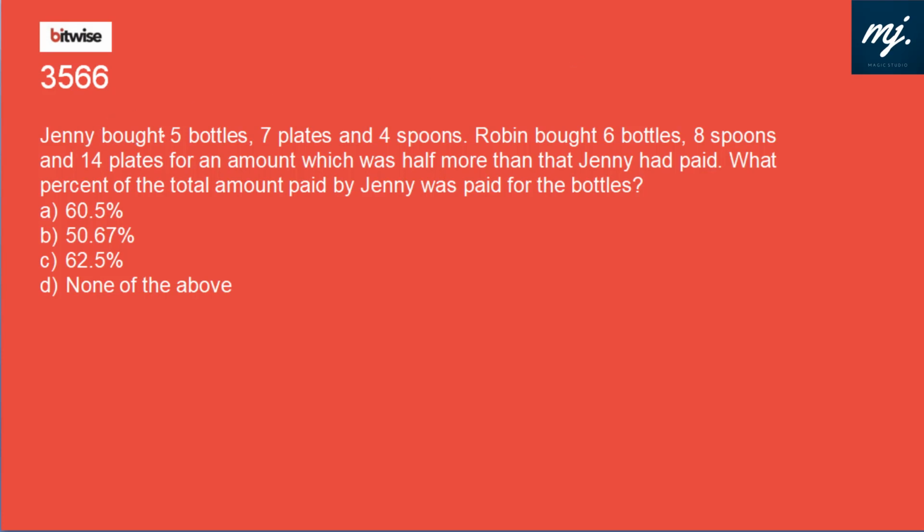Jenny bought 5 bottles, 7 plates, and 4 spoons. Robin bought 6 bottles, 8 spoons, and 14 plates, for an amount which was half more than Jenny has paid.